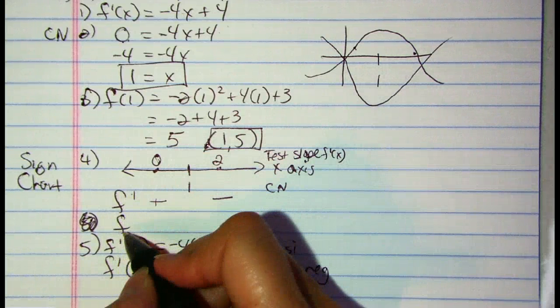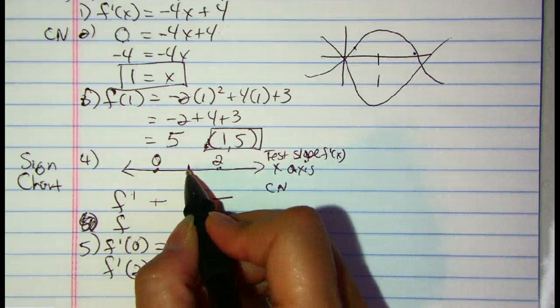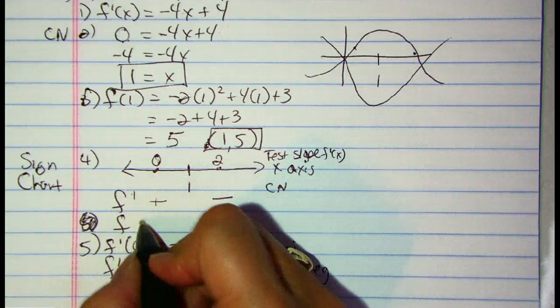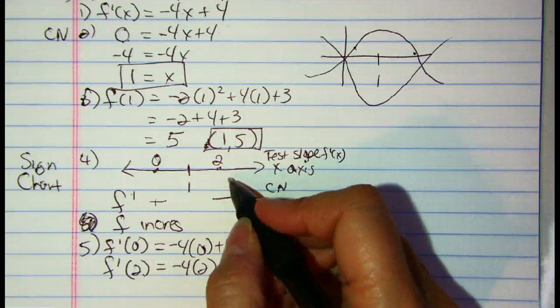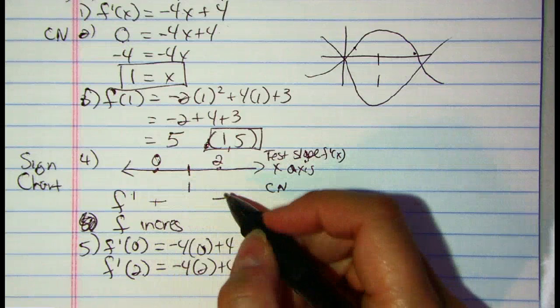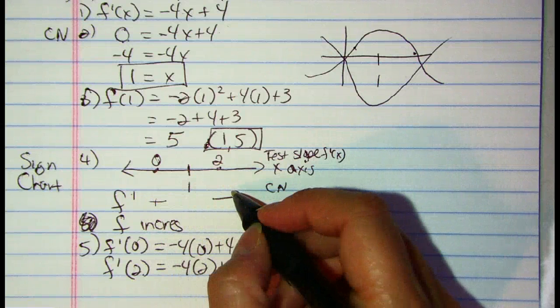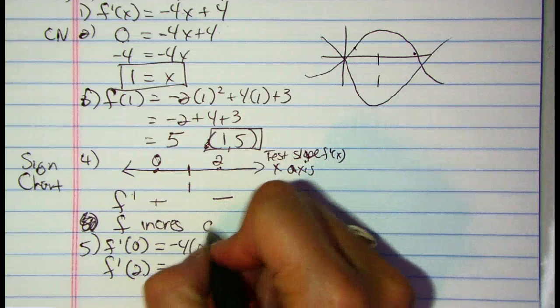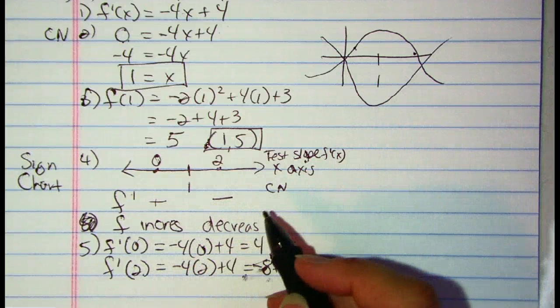So on the original function, if the slope below 1 is positive, then my original function must be increasing. Over here on the other side of 1, if the slope is negative everywhere past 1, then my original function is a decreasing function after 1.